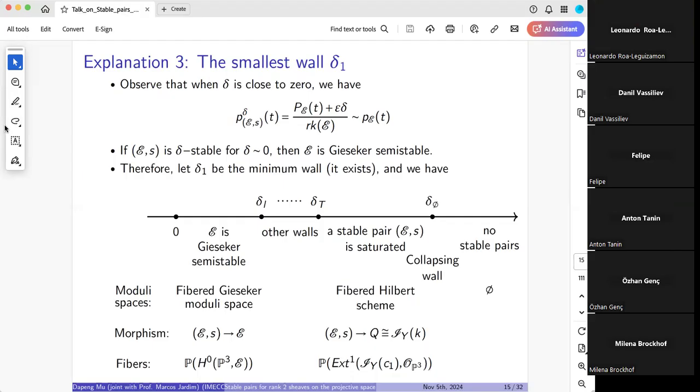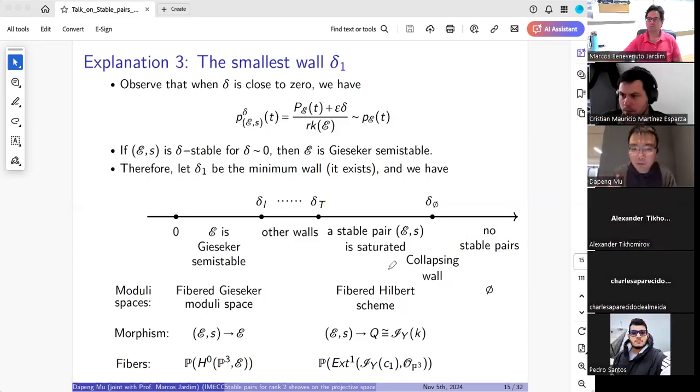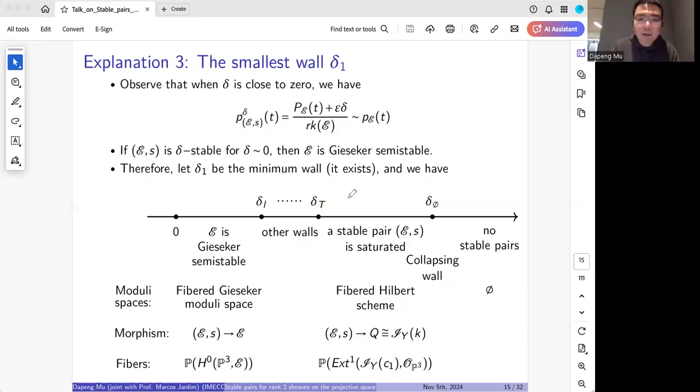I just introduced this torsion-free wall, meaning in the very last chamber, every pair is saturated. So we have a fibration over the Hilbert scheme. Then let delta vary to the left. When delta lands in the very first chamber, the underlying sheaf is Gieseker semistable.